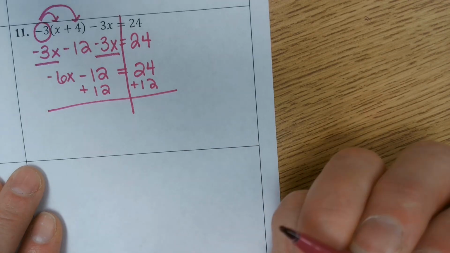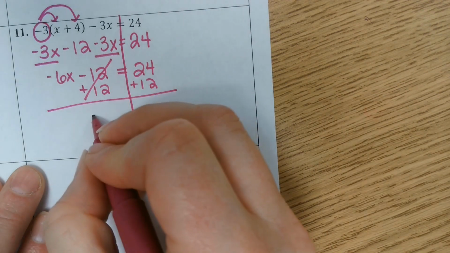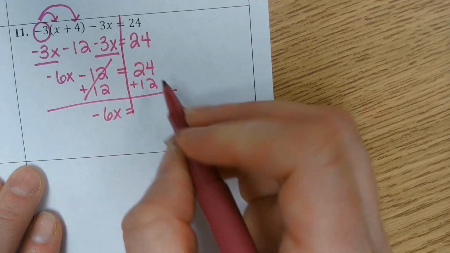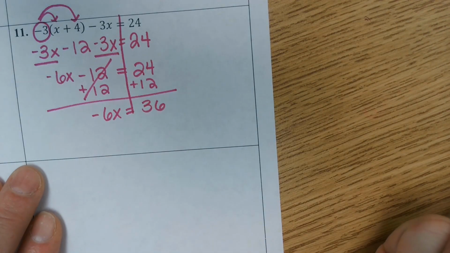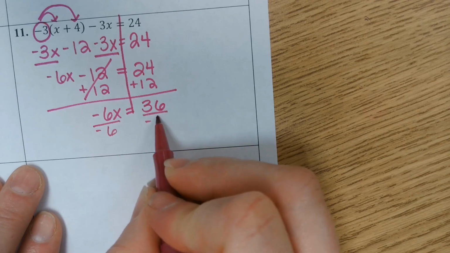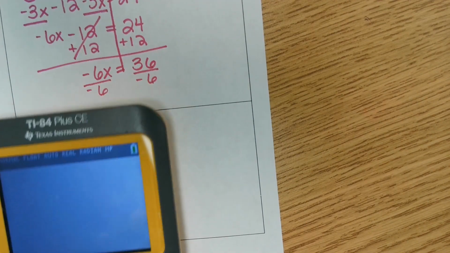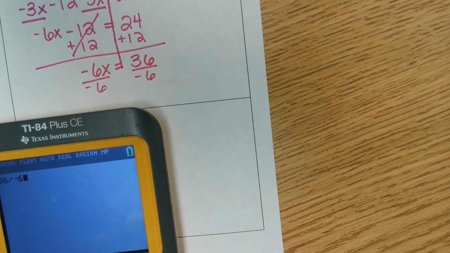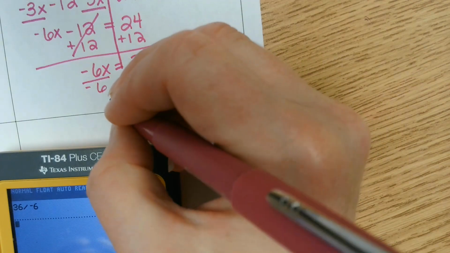The -12 and the +12 cancel, leaving me with -6x equals 24 plus 12, 36. And then we divide by -6 all the way through. So if you need to, use your calculator. 36 divided by -6 is -6.